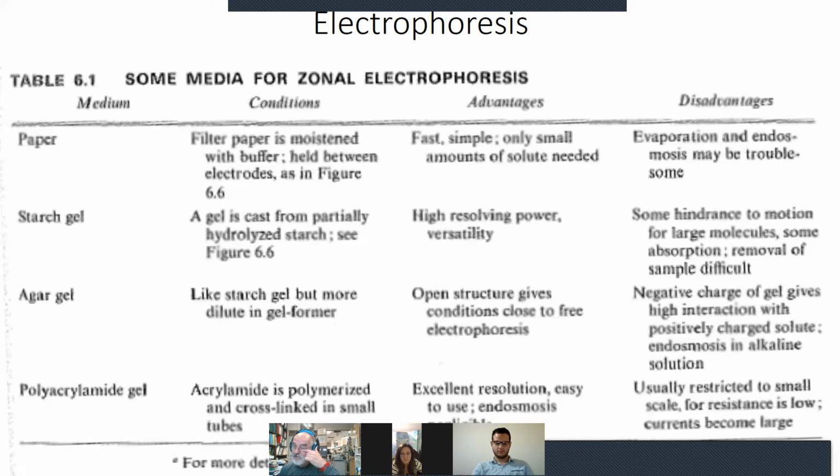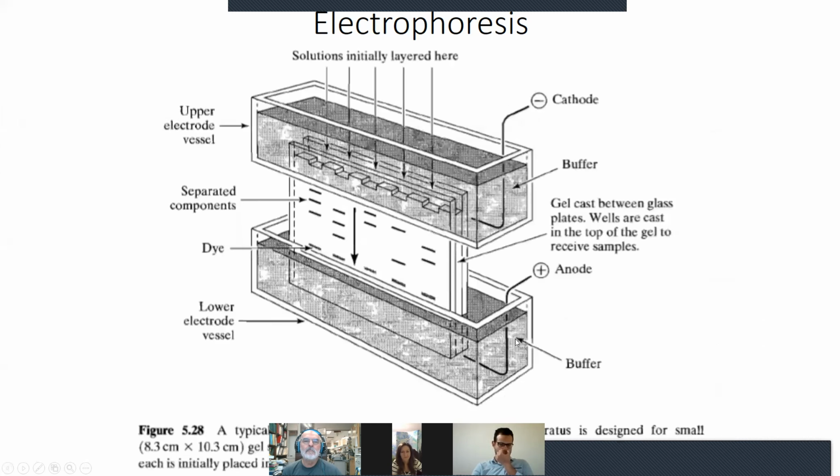Okay, and so you could get much higher resolution and much better fractionation. And it wasn't until the mid to late 60s that acrylamide gels became a popular thing to do. And I'll say a little bit more about that in a few moments.